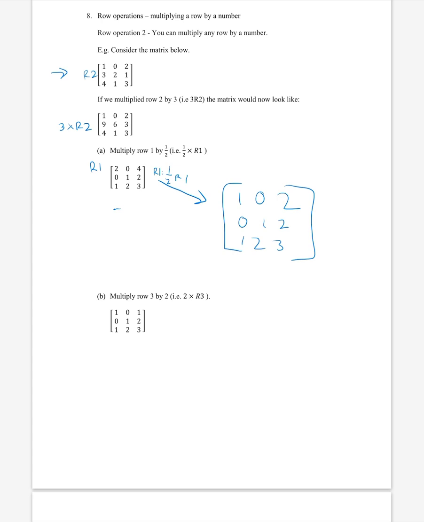Okay, try multiplying row 3 by 2. Our new R3 is going to be equal to 2 lots of R3. So our resulting matrix will be, well, row 1 hasn't changed, row 2 hasn't changed, and row 3 becomes double it, so 2, 4, and 6 instead of 1, 2, and 3.